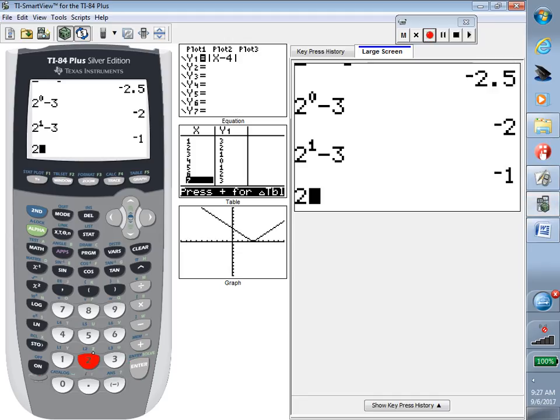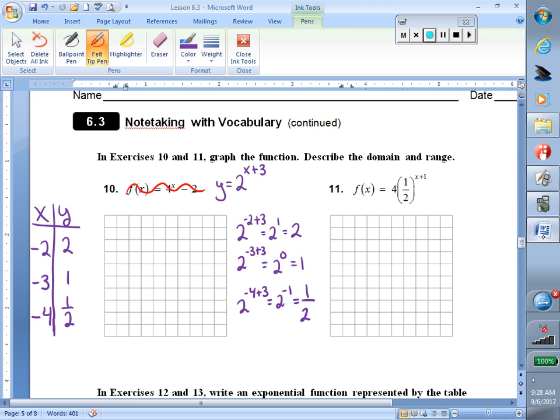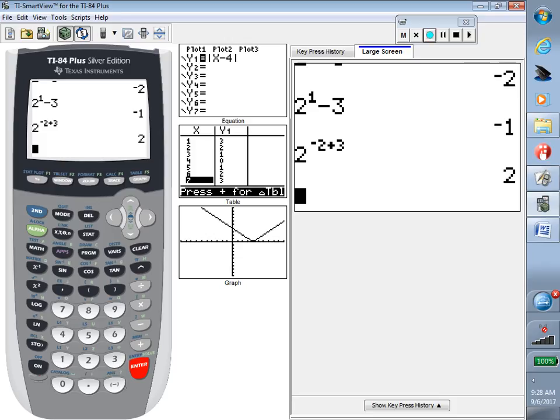If you want 2 to the negative 2 plus 3, take a second and try that out in your calculator and make sure that when you enter that in, you come up with 2. It depends on your calculator how you need to enter that in, and once again, I'll be more than happy to show you that, or if somebody else in your group happened to get it, you could ask them as well.